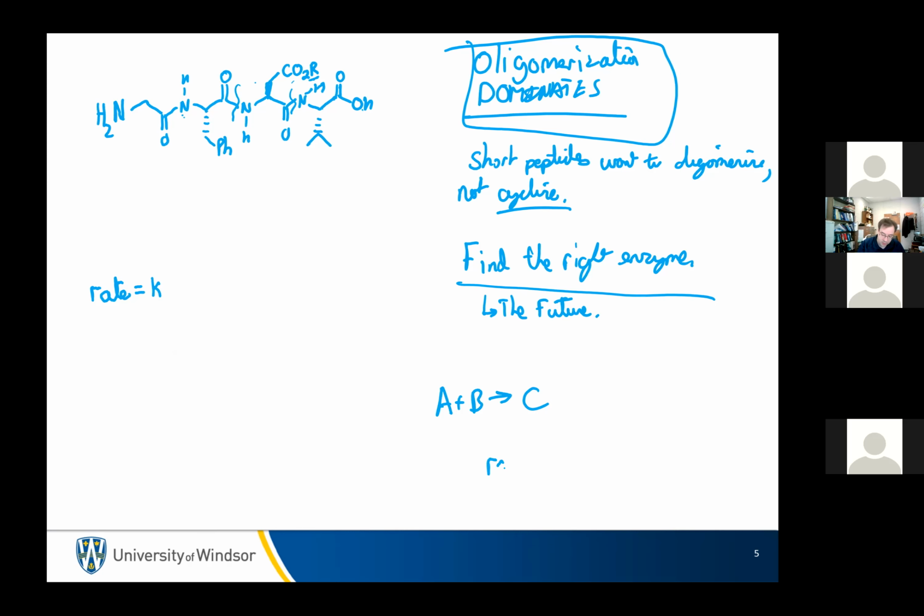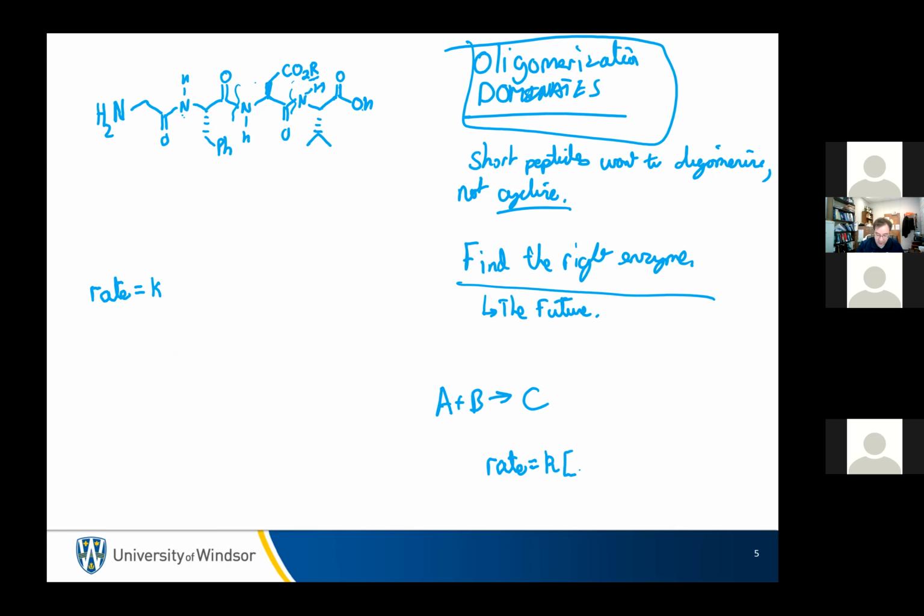Rate equals a constant. The constant talks about the reactivity of the species. It says how nucleophilic or how electrophilic something is. So I would guess the constant of the amine group times the constant of the carboxylic acid. Yeah, that's all incorporated into this constant. All the constants are in there. What else matters? Concentration.